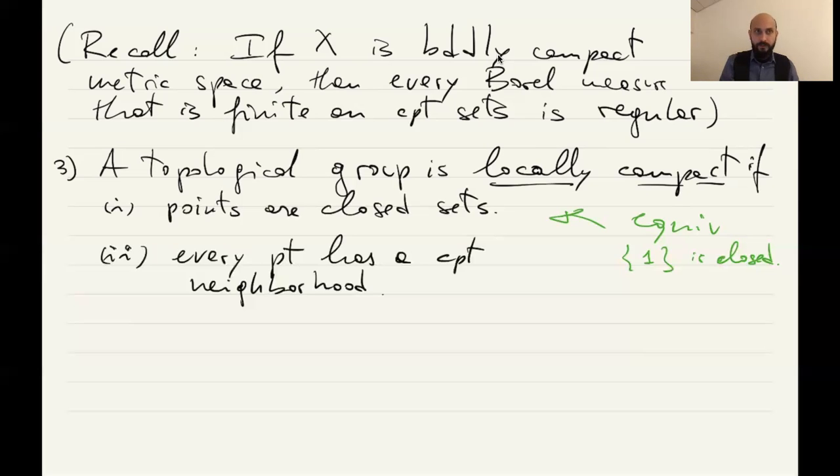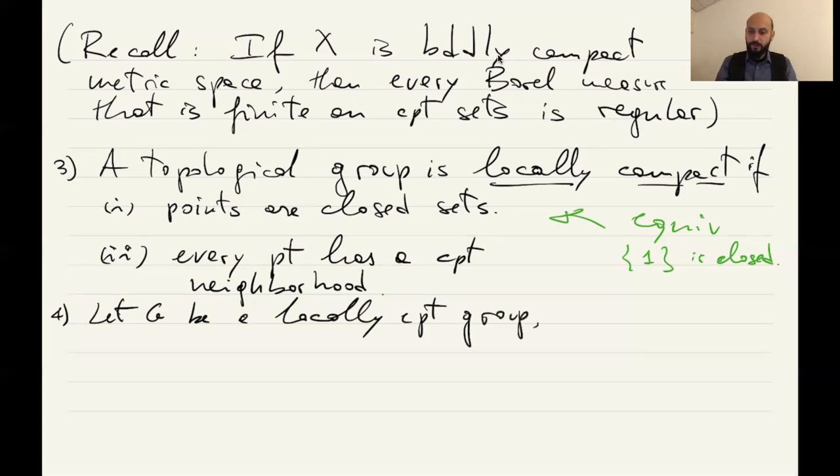Okay, so for the last definition, let G be a locally compact topological group.